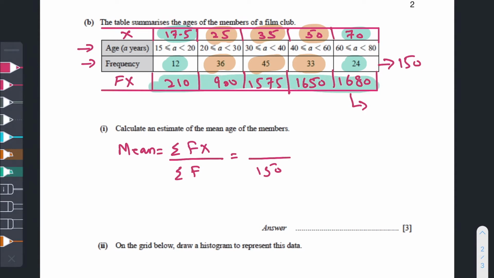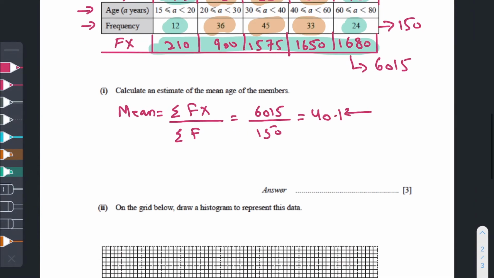So let's add them. 210 plus 900 plus 1575 plus 1650 plus 1680. This gives us 6015. So you write 6015 over here, and when you divide these two values, you get 40.1. This is the mean age of the members. So you write your answer over here, 40.1, and you scored 3 marks.